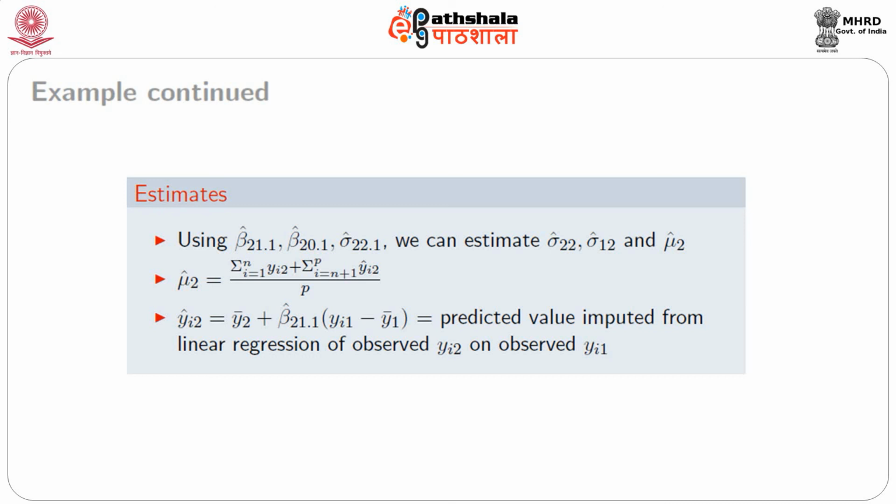So, this is nothing but the predicted value imputed from the linear regression of the observed y_i2 on observed y_i1, and using this idea of prediction from the linear regression, we can get the imputed values of y_i2.